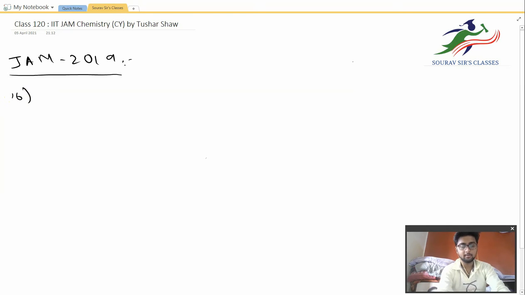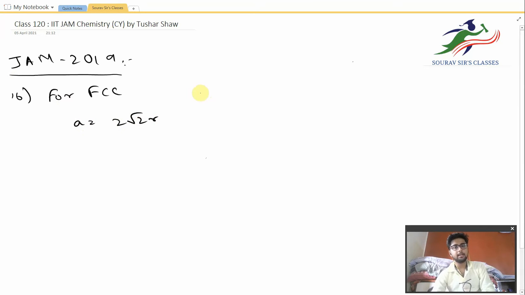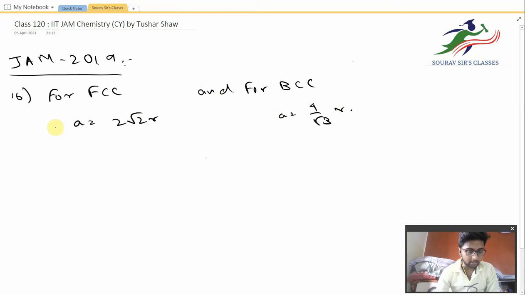The relation for the edge length and the radius: for FCC, we know a is equal to 2 root 2 R, and for BCC lattice, a is equal to 4 by root 3 into R. You are asked to write the ratio of BCC divided by FCC.